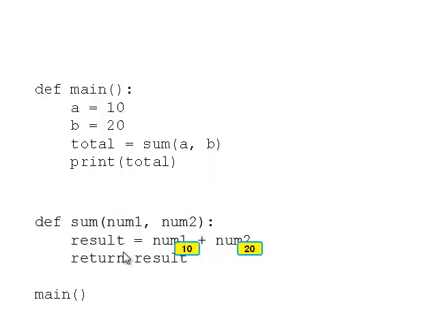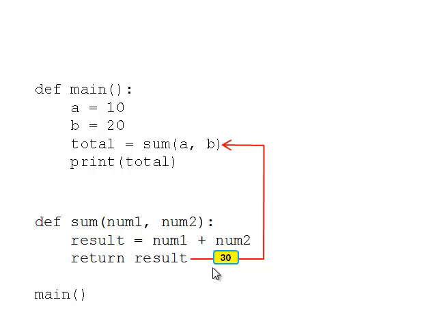Here in this statement, result equals num1 plus num2. Well, result equals 10 plus 20, so that assigns the value 30 to result. And then we hit this return statement. So the return statement says, okay, terminate the function and send the value of the result variable back to the statement that called the function.